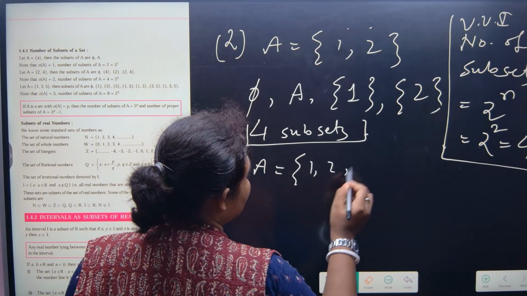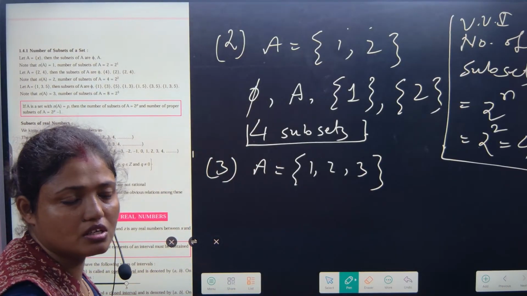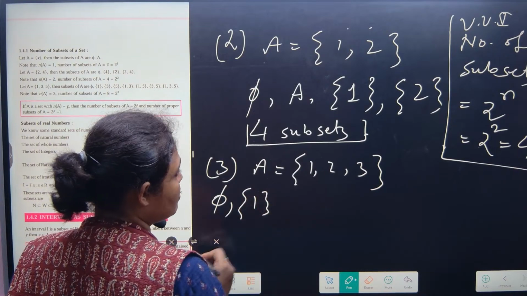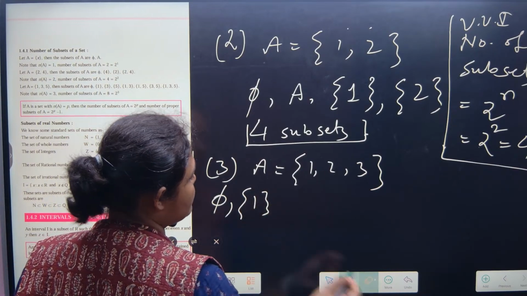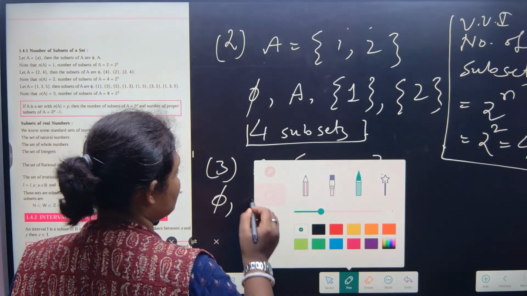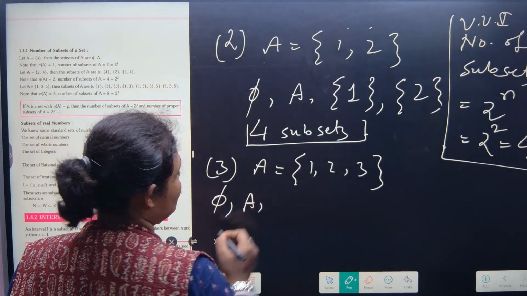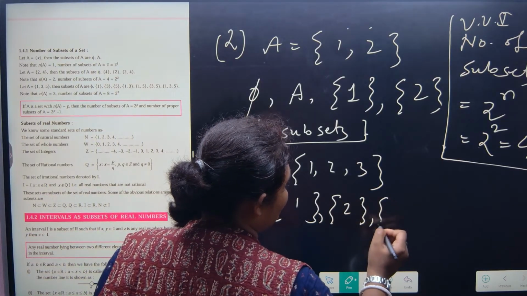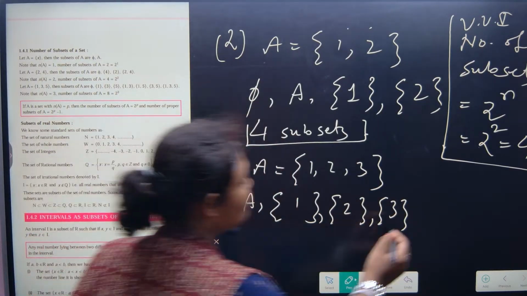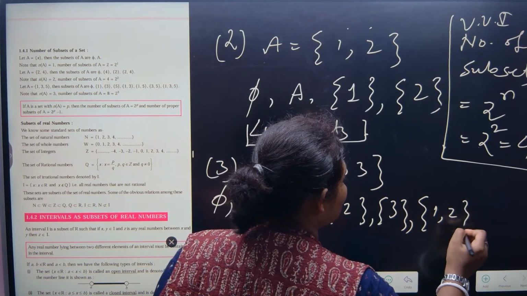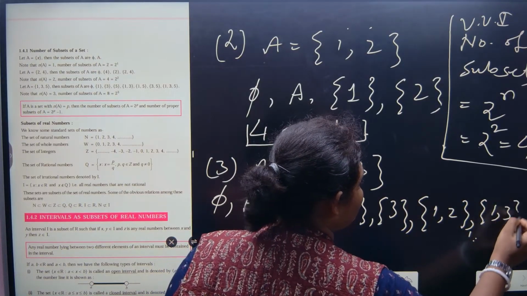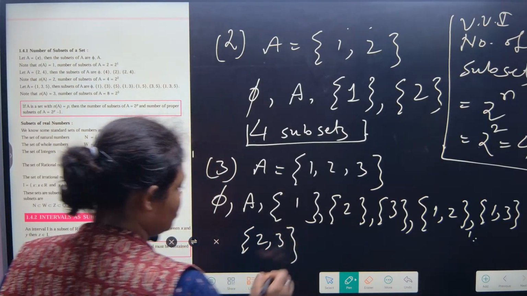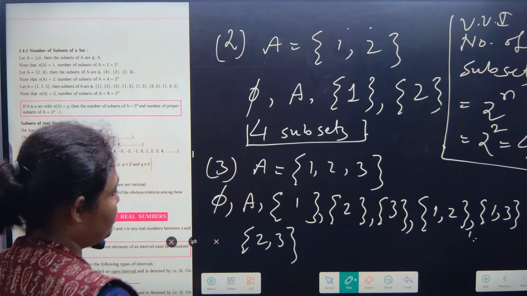If we consider 1, 2, 3 elements, in a similar manner write the subsets. Phi, again the set itself, write the first set A. Okay, the set itself. Next, making subsets with 1 element first, then 1, 2, then 1, 3, then 2, 3.